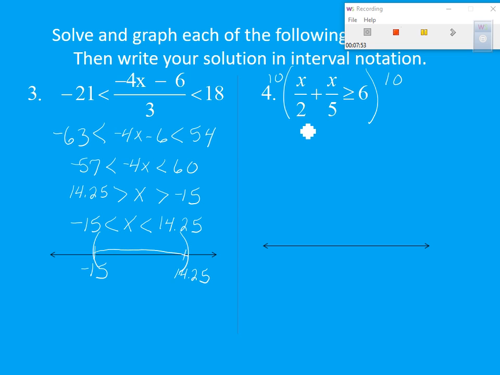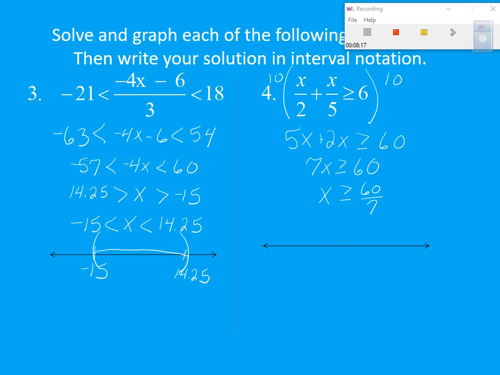If I multiply through by a 10, 2 goes into 10 5 times, so I've got 5x plus 2x is greater than or equal to 60. I've got 7x is greater than or equal to 60. I'm going to divide both sides by 7, and guys, I don't even touch my calculator. I'm going to call this 60 over 7. 7 is a prime number, so I know that does not reduce.